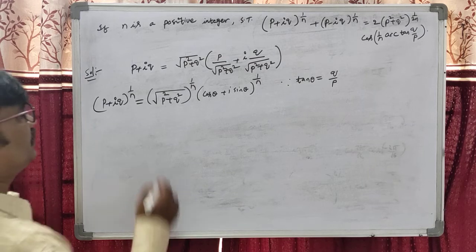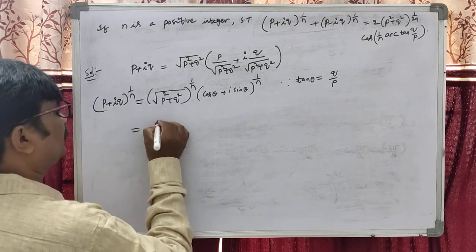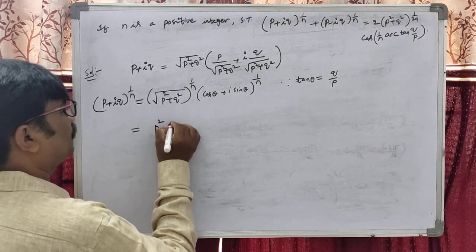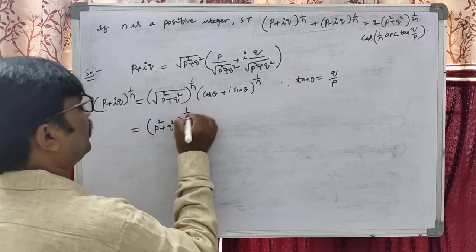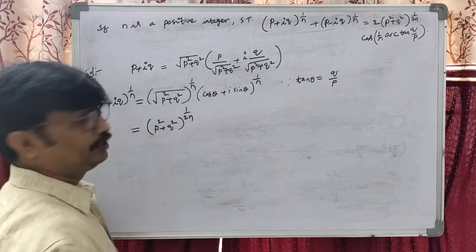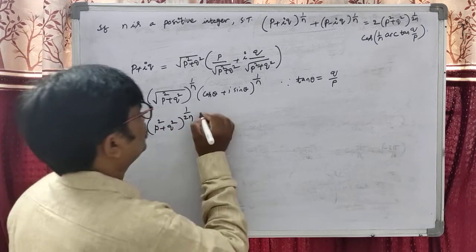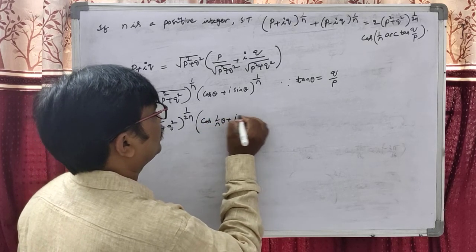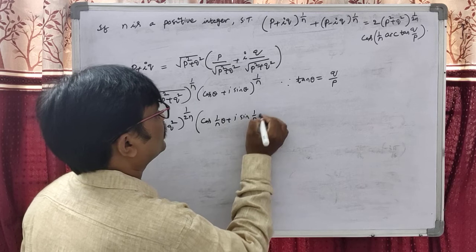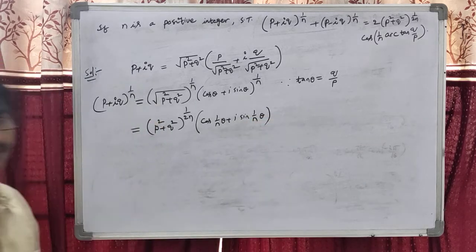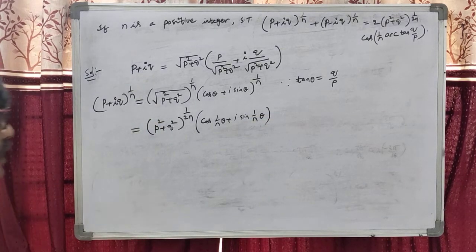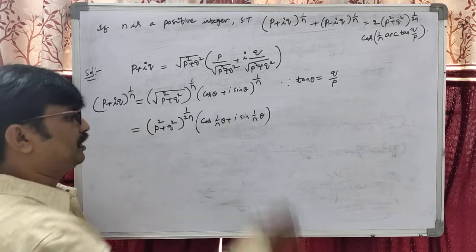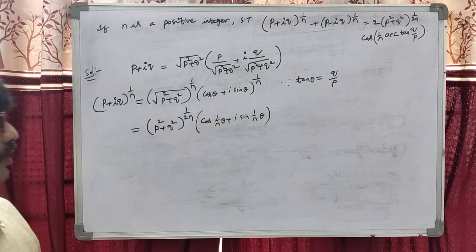Now students, this can be written as (p² + q²)^(1/2n). Now this can be written as, students, cos((1/n)θ) + i sin((1/n)θ). What is this, students? Cos of (1/n)θ plus i sin of (1/n)θ.